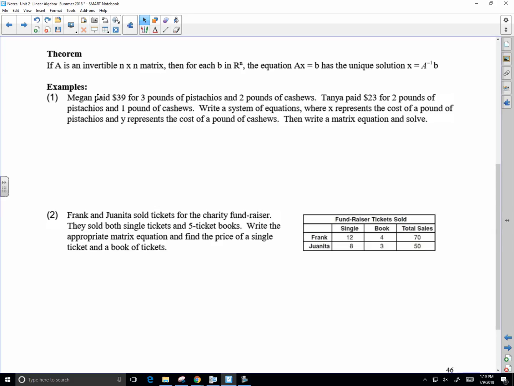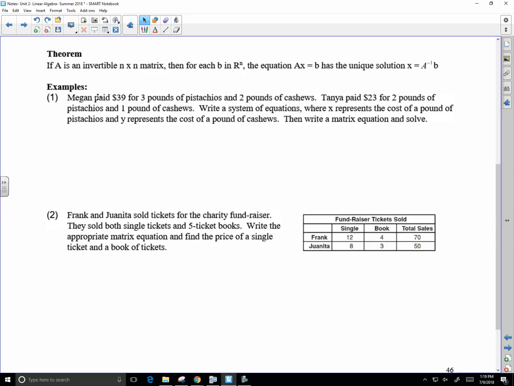All right, so it's using inverse matrices in order to determine the solution to the matrix equation AX equals B. Now, we learned previously that there is no matrix division. There's no dividing both sides. But there's no reason why you can't multiply both sides by the inverse of a matrix, right?